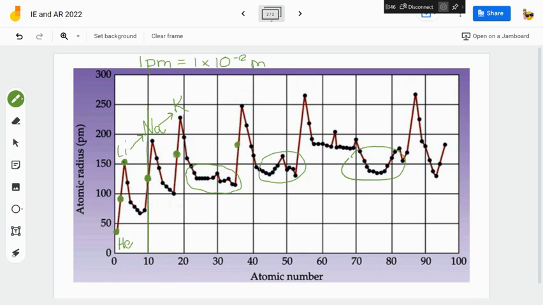It is increasing. So let's use potassium, go backwards. This would be where argon was, but there's no point there for a reason. And then previous to argon is chlorine here. So you see from sodium down to chlorine, the atomic radius is decreasing.